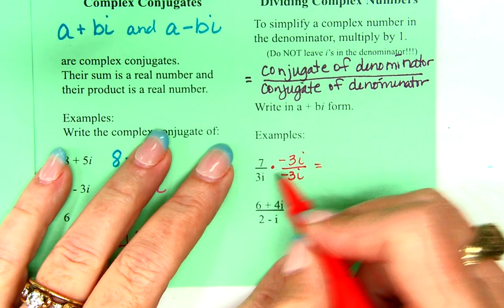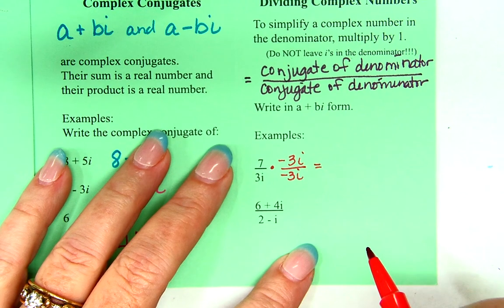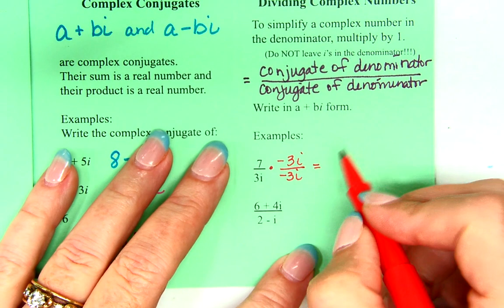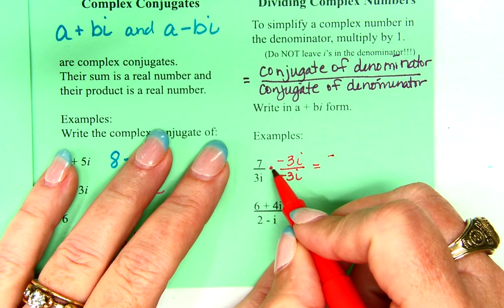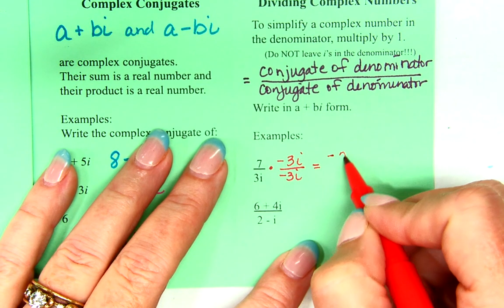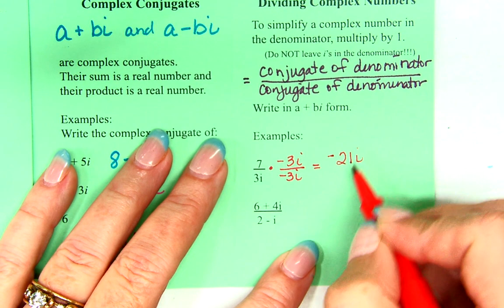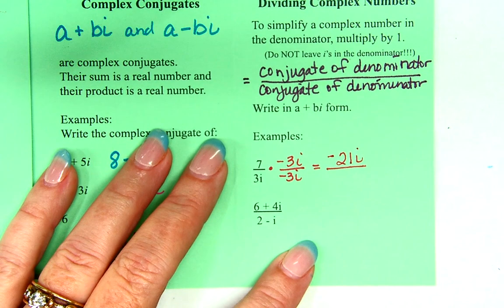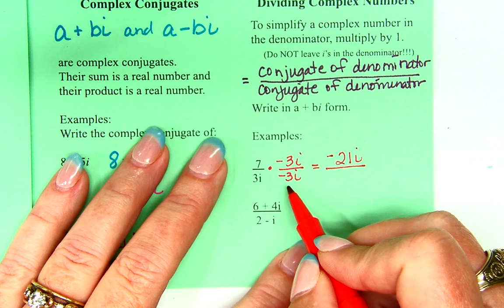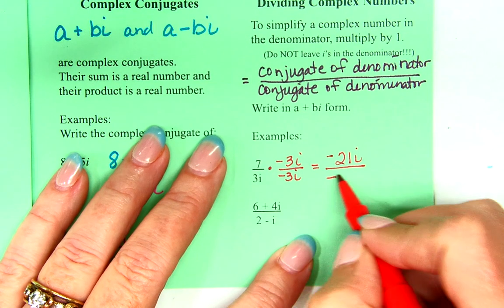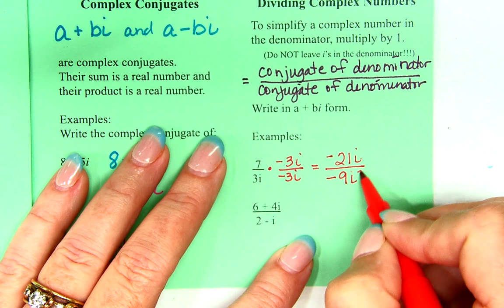So what do I get in the numerator? Well, it's a multiplication problem, right? Negative 21i over what? What's 3 times negative 3? Very good. Negative 9i squared.